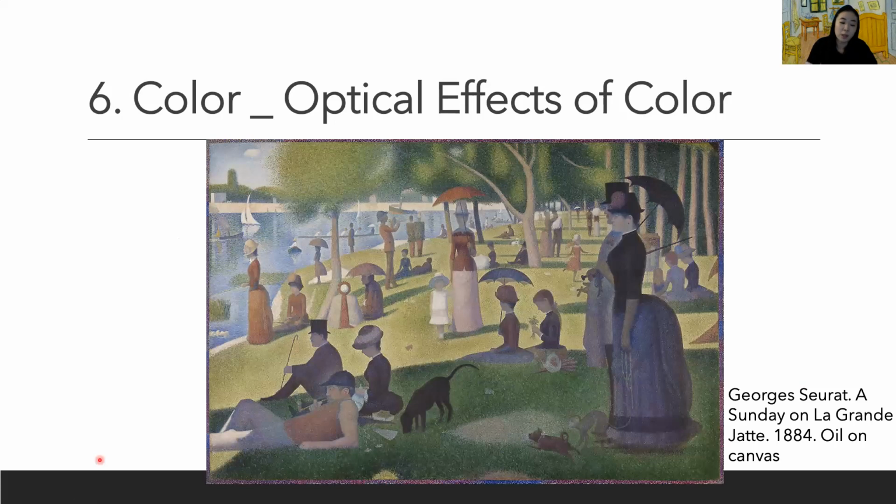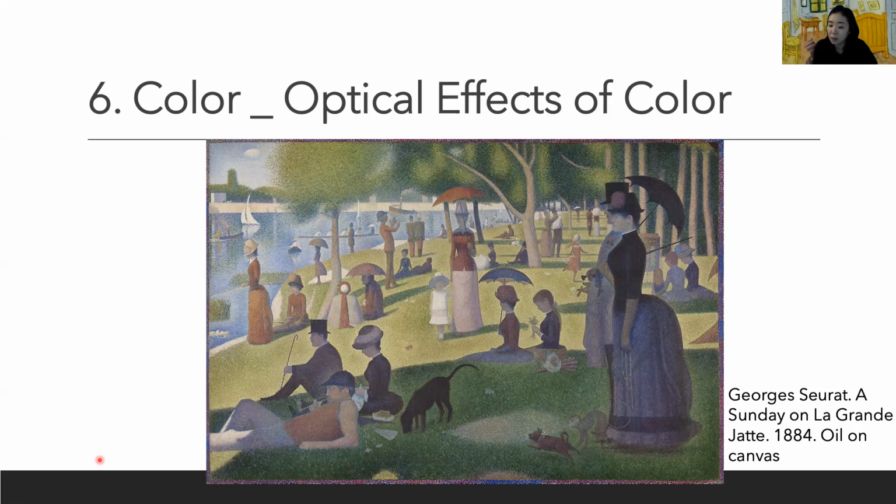So this is Georges Seurat's painting. When you see his painting closer, you can see there are no brush strokes like other artists' paintings, right? And it consists of tons of tiny color dots.